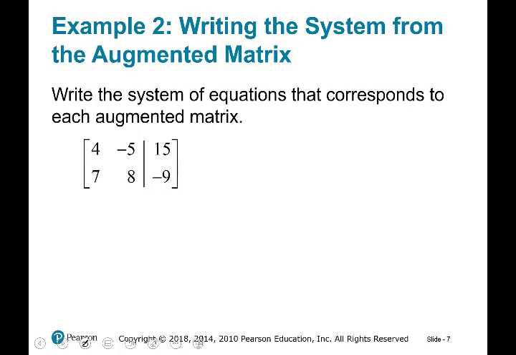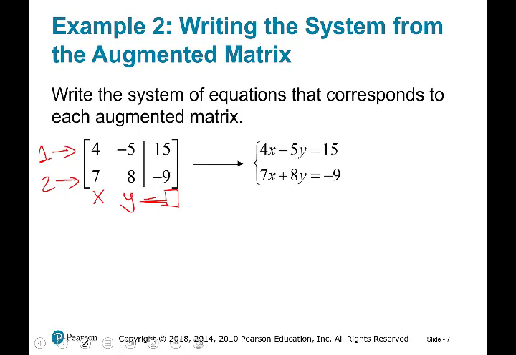Here basically we're going back. It says write the system of equations that represents each augmented matrix. Here we have the rows, which represent the equations, the first and the second equation. Here we have the variables x and y, equal to the numbers on the right side. So this will be 4x minus 5y equal to 15.